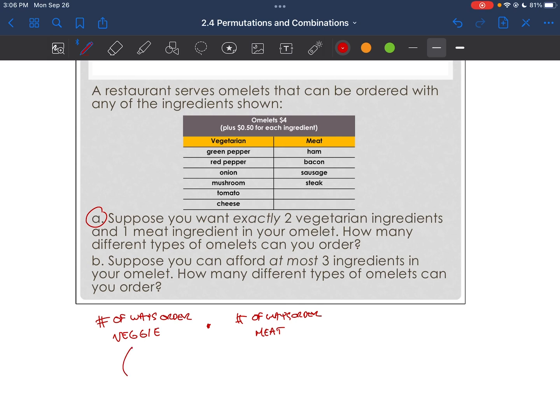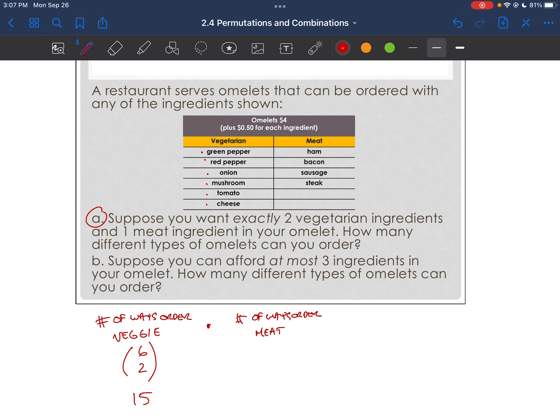So to find the number of ways that we can order 2 vegetarian ingredients, there are 6 different ingredients, 1, 2, 3, 4, 5, 6, and there's 2 choices that I'm making from those 6. Now in a previous video, I showed you how to use Excel to calculate combinations and permutations. So I'm just using the combin function right now to do 6 choose 2, and that gives me 15.